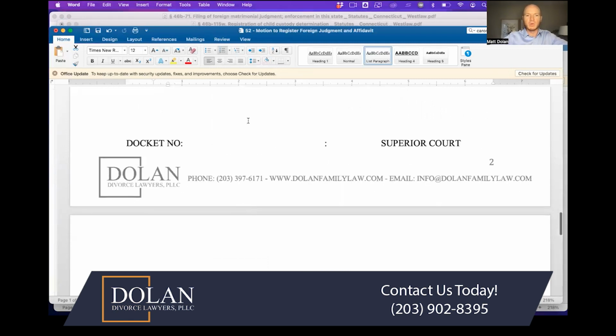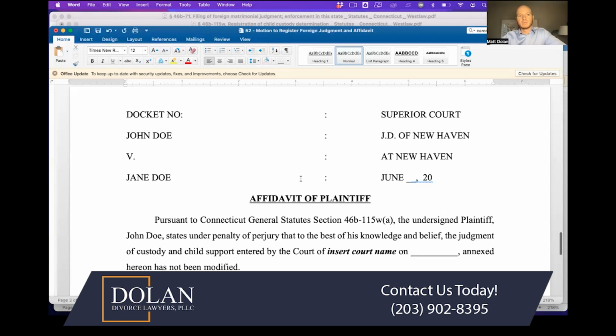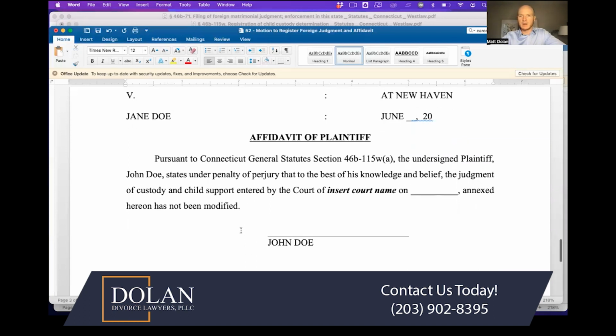And then below that, you have to include an affidavit of either the plaintiff or defendant, the person who is registering the judgment here in Connecticut, basically saying that it was a final custody order, include where it was entered, and the fact that the existing orders have not been modified.